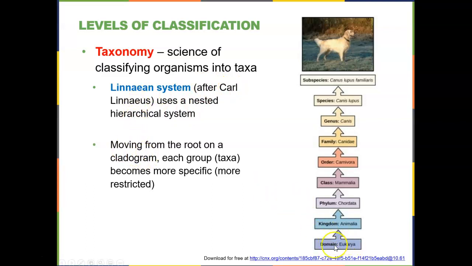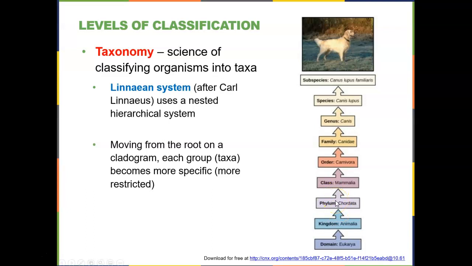So we start from a root, and we start breaking groups down. Here we're seeing only one pathway, but if we start with all eukaryotes, then other kingdoms would come off, but we have kingdom Animalia. Then from the kingdom, we can further break down into a phylum.